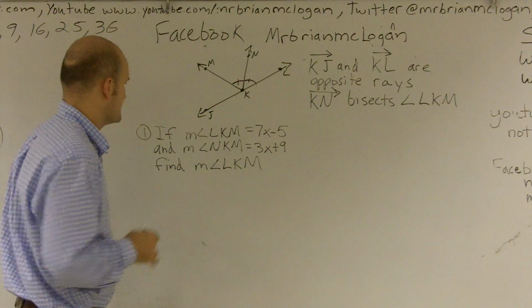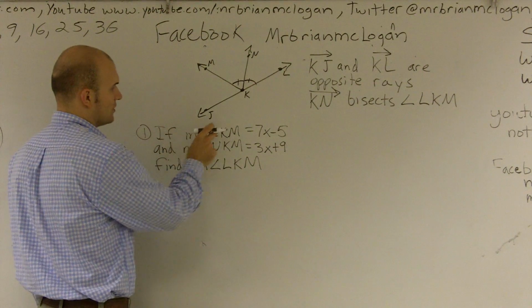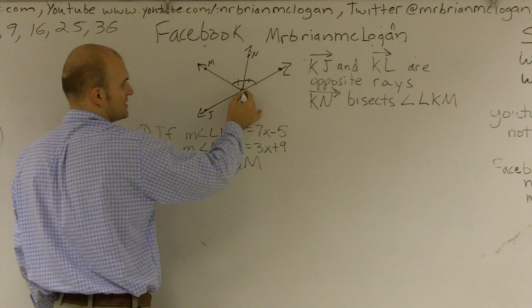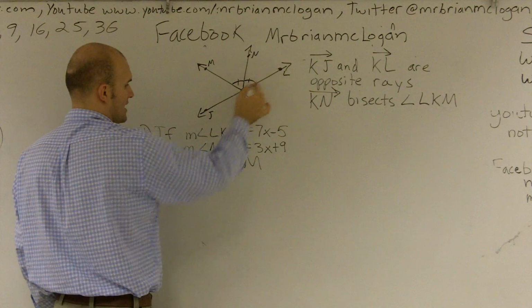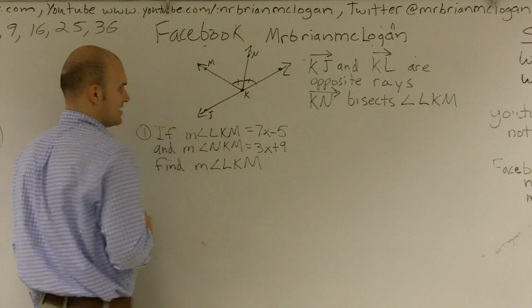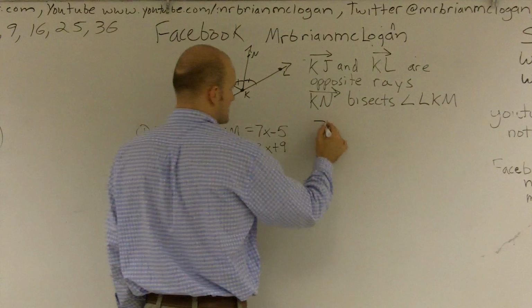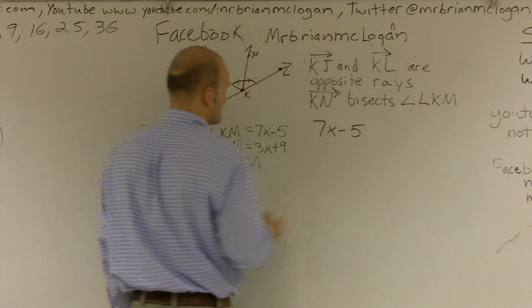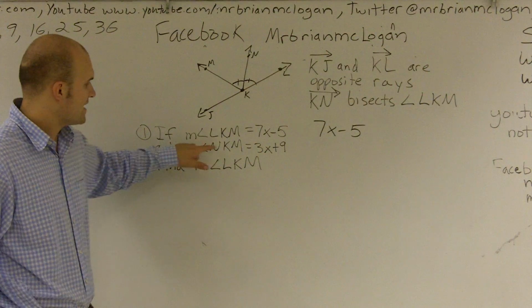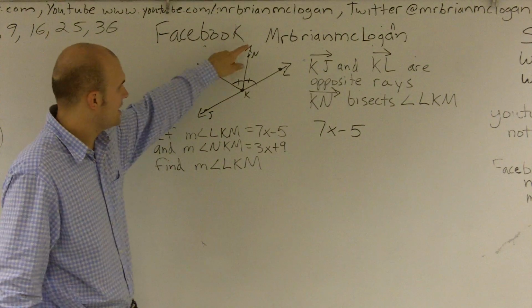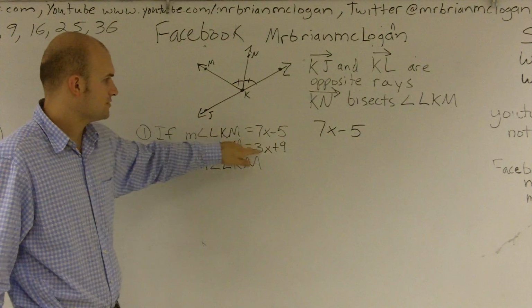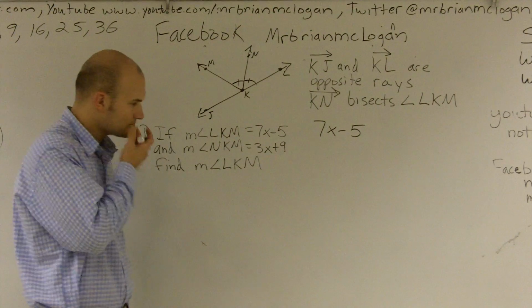So on the first problem it says if the measure of angle LKM, so it's L to K to M, this whole angle, is equal to 7x minus 5, so we can write 7x minus 5, and the measure of angle NKM, so N to K to M, is equal to 3x plus 8.